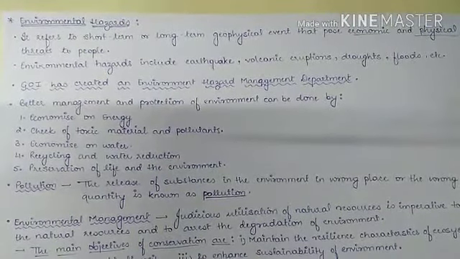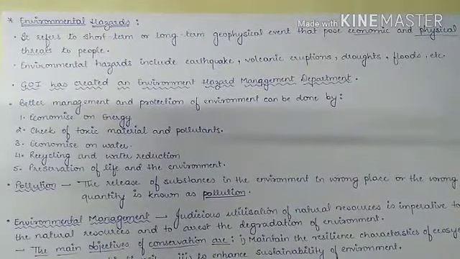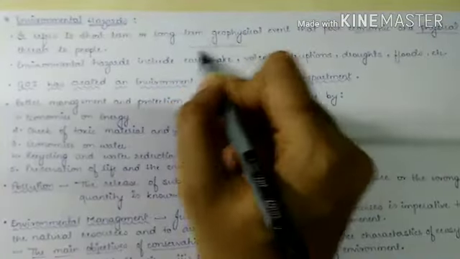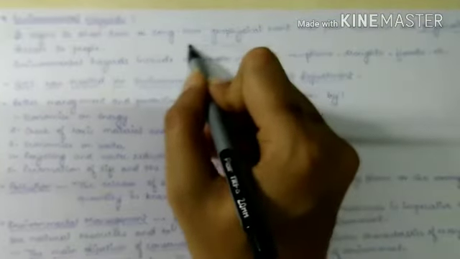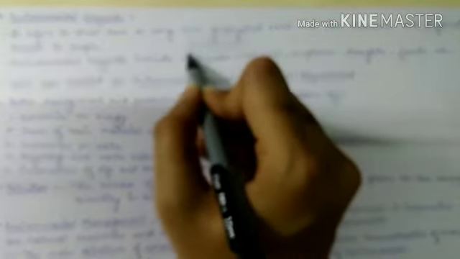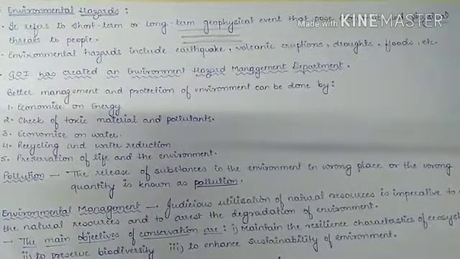Like if we take the example of floods, when they occur, this is the river. So in the rainy season, the path of the river increases because of a huge load of water.